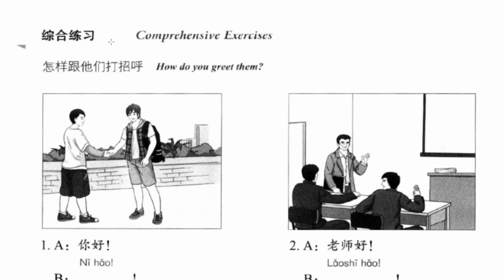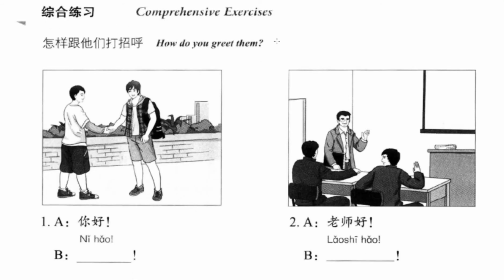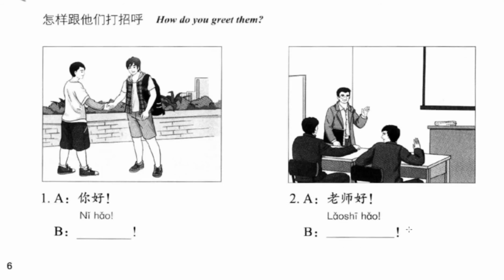Okay, next, comprehensive exercise. How do you greet them? First, 你好. When you meet a classmate, you can say 你好. And when you meet your teacher in the right picture, you can say 老师好. And the teacher will say 你们好, right?